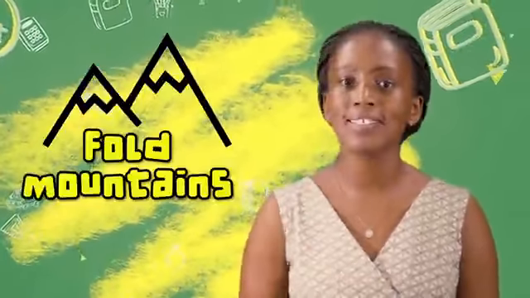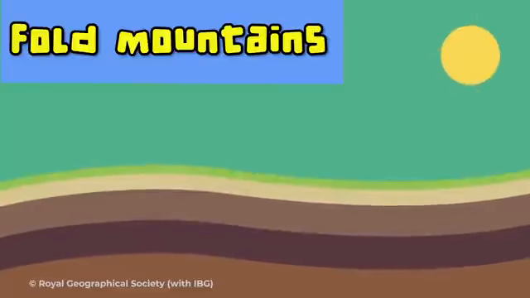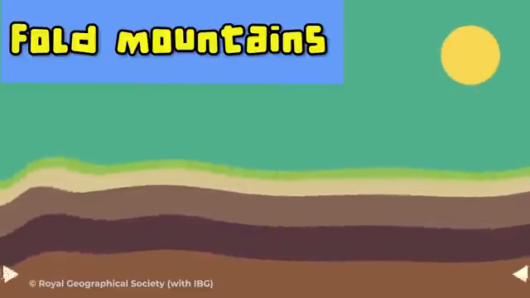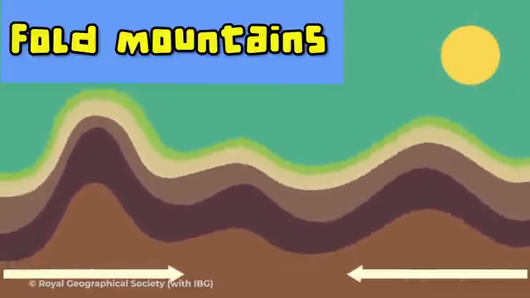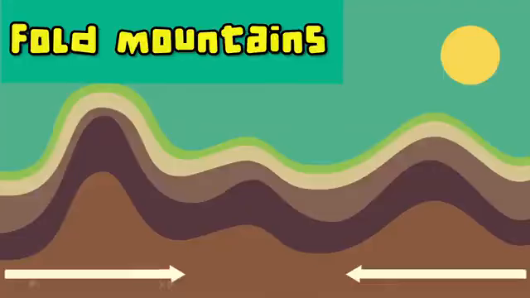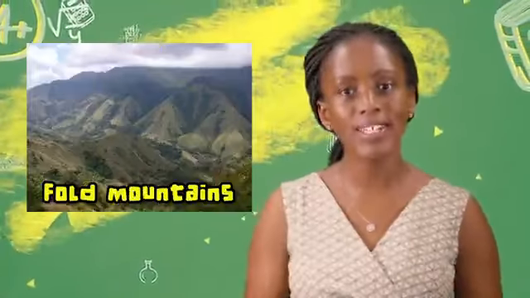So, for example, I'm going to explain how the most common mountain, called a fold mountain, occurs. Sometimes 2 of the plates of the Earth's crust push against each other, and with nowhere to go, they push and push and push until eventually it buckles, and the crust that is pushed upwards becomes what we call a fold mountain.